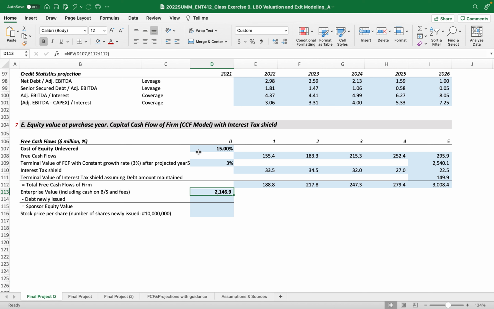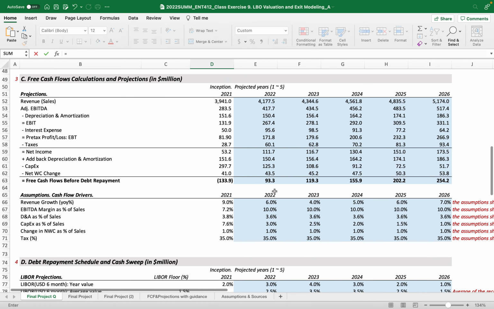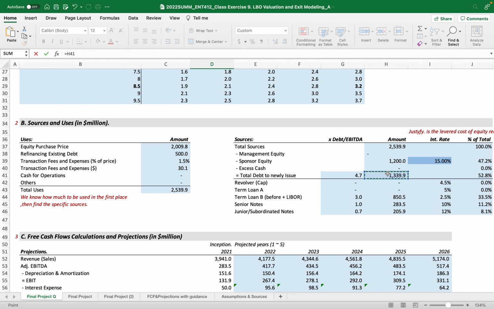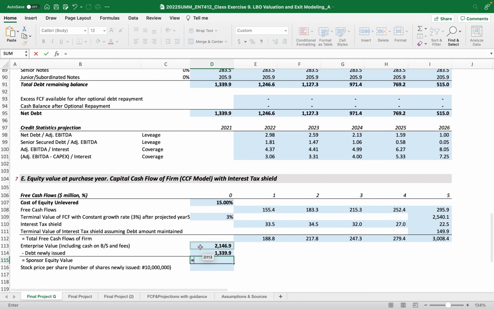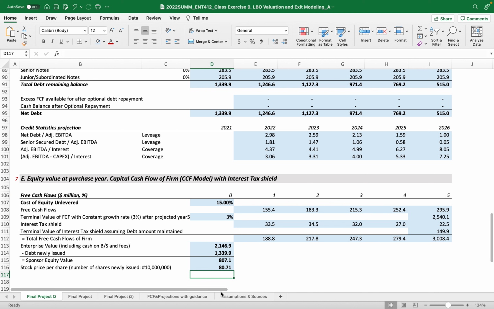If we justify this cost of equity, then the newly issued debt, where we get this number, right? There you go. And then the sponsor equity minus this gives 807. If we divide this by 10, the $80 is the stock price per share.